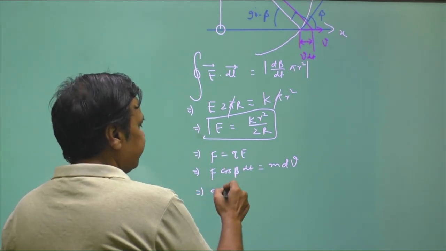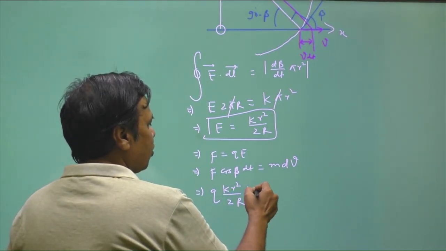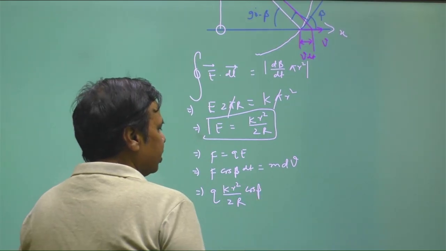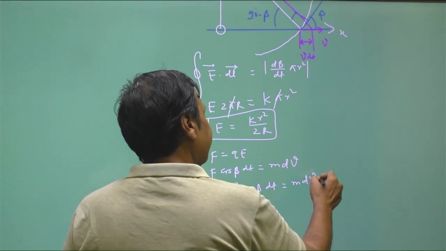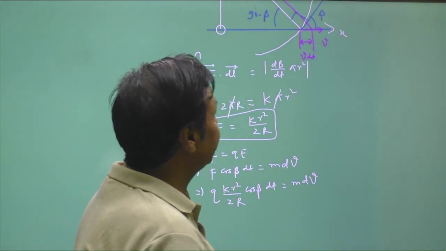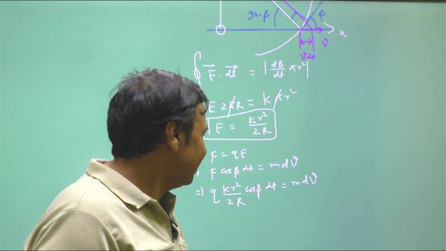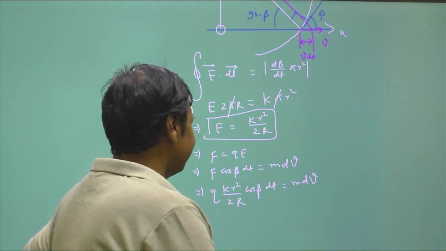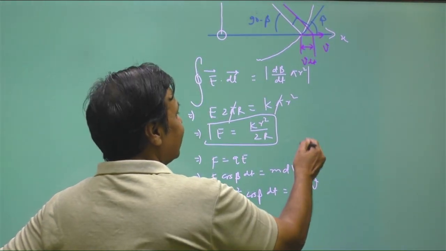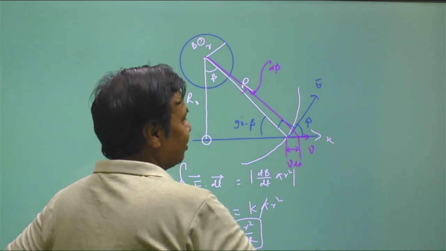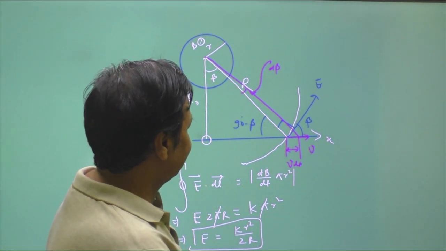And then F equals QE. So Q and E is k r square upon 2r, cos beta dt equals m dv. Of course, I'm not going to do the integration directly, because in this case beta is also changing with time.